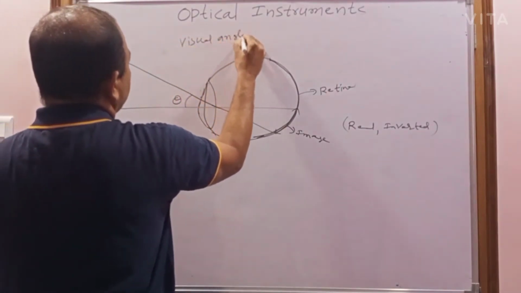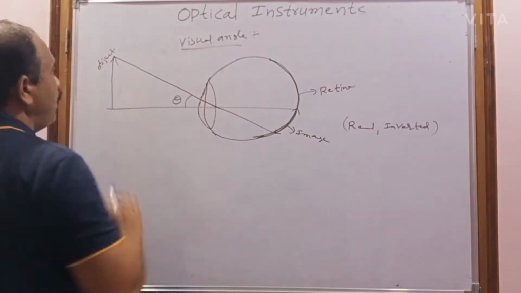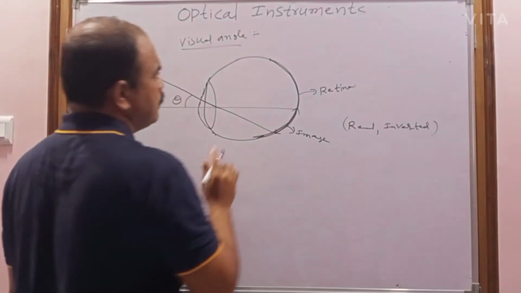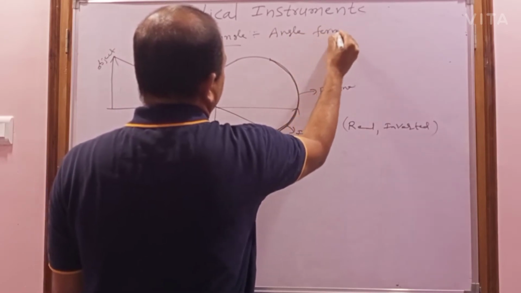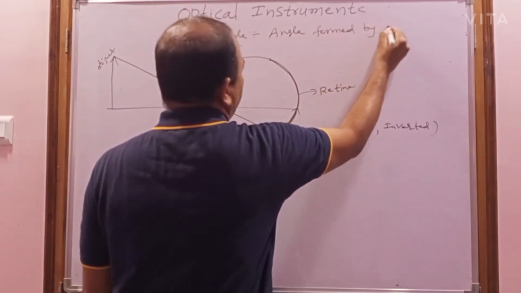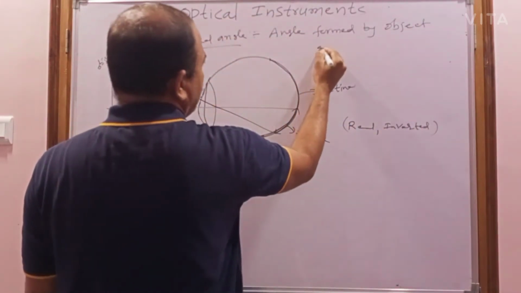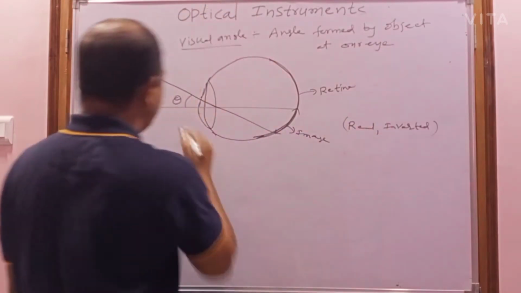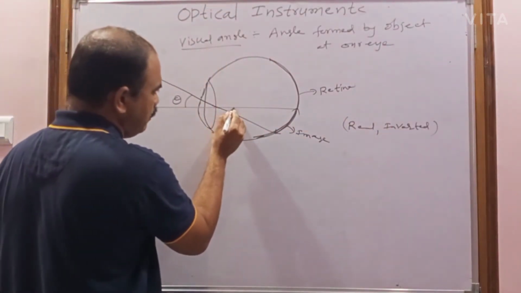The visual angle is the angle formed by the object at our eye. That angle is called the visual angle, and it is denoted by theta.